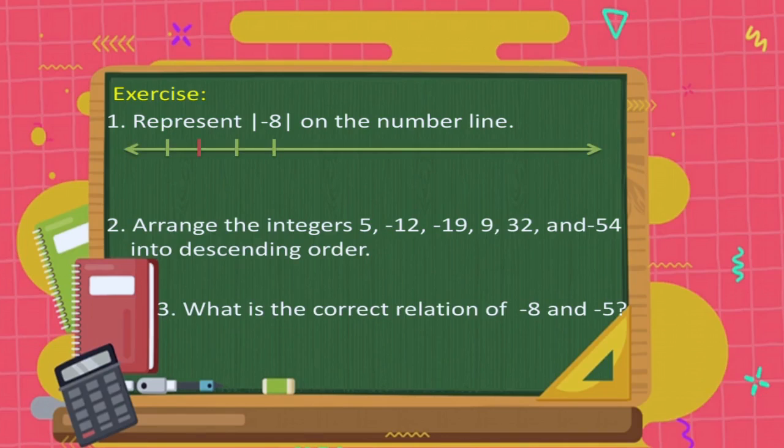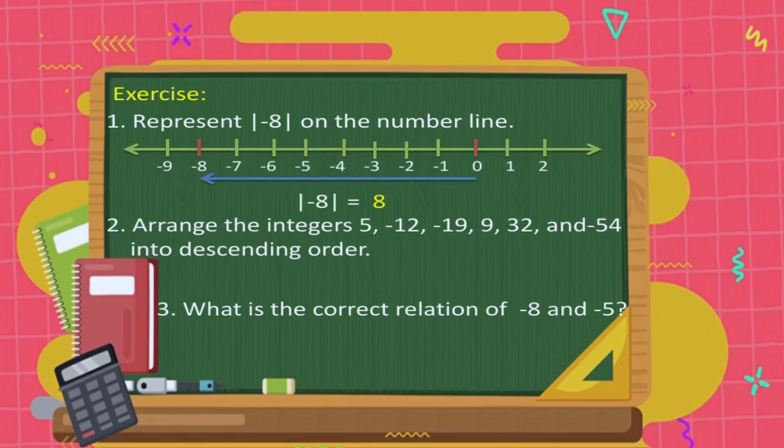The answer for number 1, the absolute value of negative 8 is positive 8. We have the number line, the 0, and the negative 8. It has 8 units.